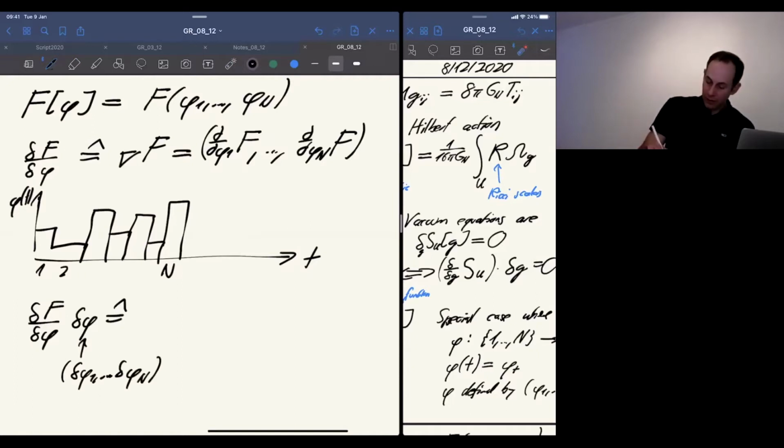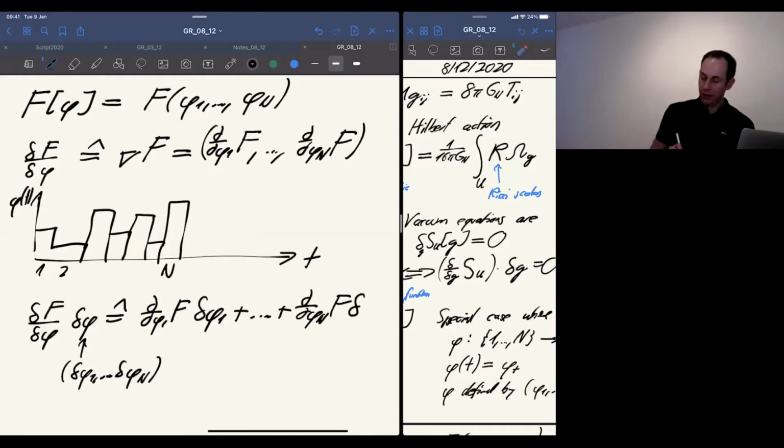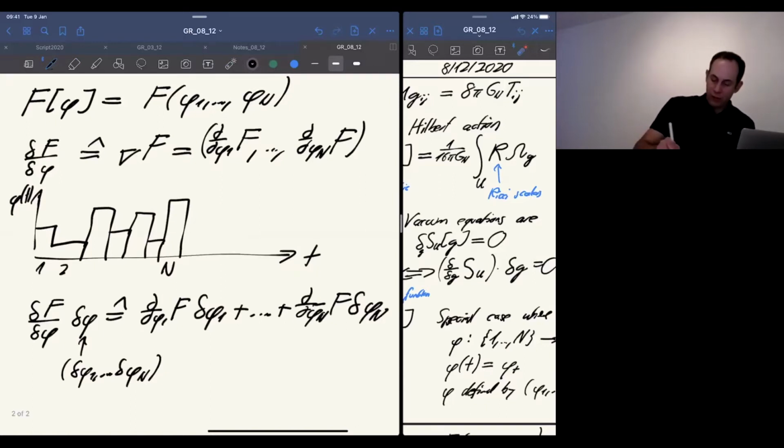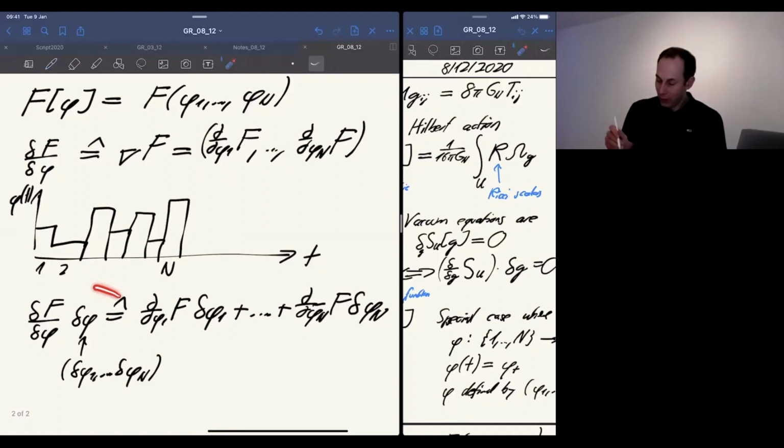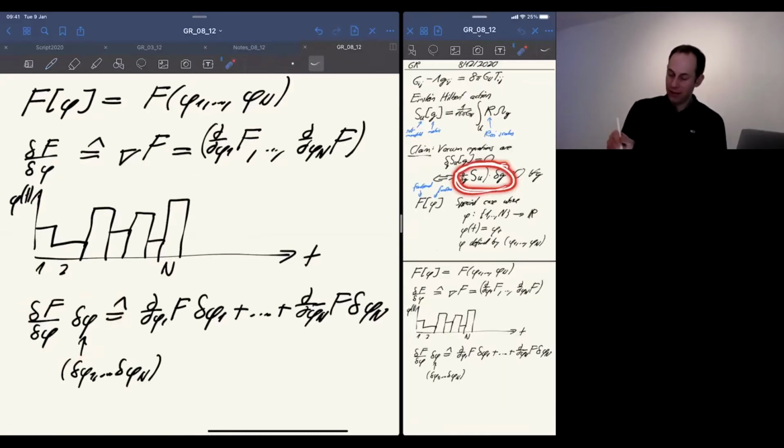And I just take the product of that. So I take this times delta phi 1 and so on, and add all those up until delta phi n. So that gives a meaning to this term. And that's important that you know this meaning, because that's what I wrote essentially here. So that's exactly analogous to that.